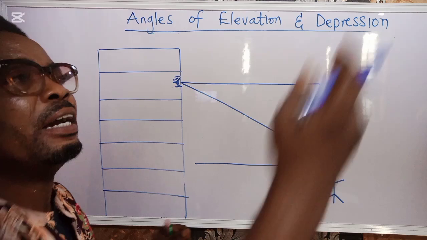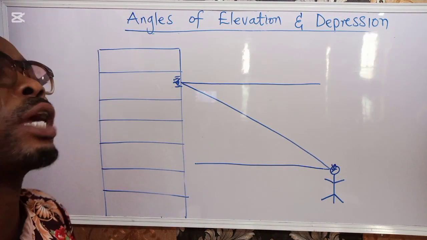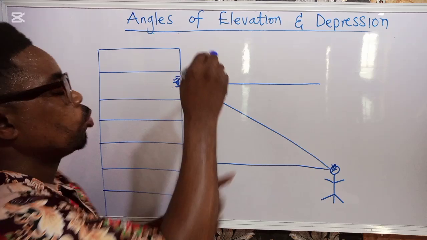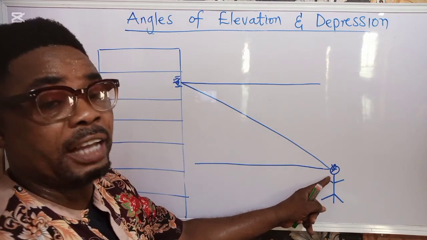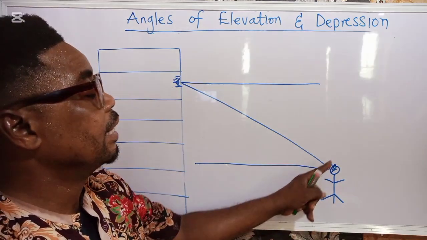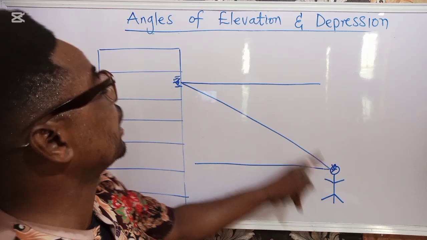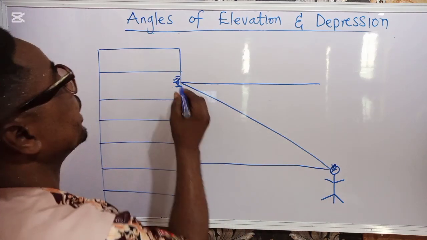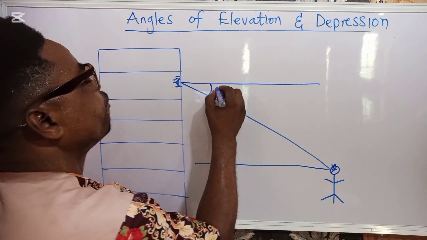Hey, friend, my textbook is with you. Bring it down. And the boy is looking down to his friend outside the gate. The friend is looking at him too at the top of the house. So this is the angle of depression.